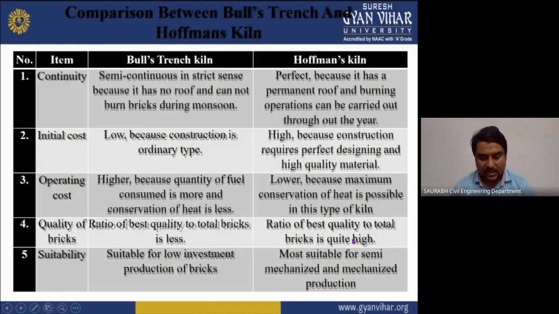And the cost of Bull's trench kiln is also low in comparison with Hoffman's kiln. So this was the comparison between Bull's trench and Hoffman's kiln. This is also a very important point which you should remember.